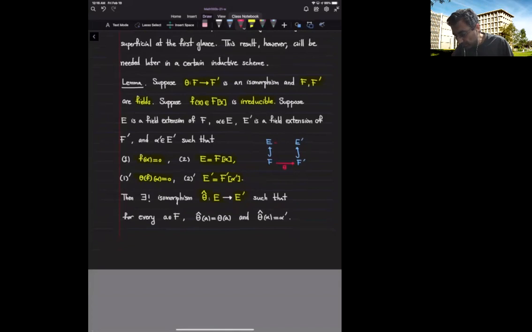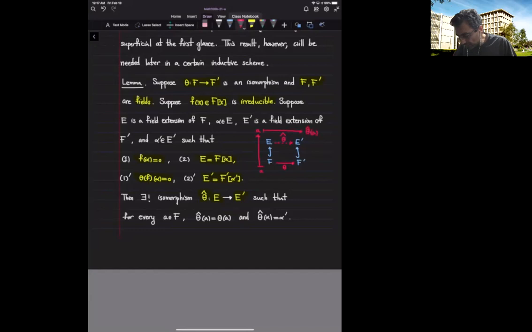So I'm looking for this theta hat that's supposed to be an extension of theta, which means whenever I give you an element a over here, if I view it as an element of E, because it's just inclusion, I can apply theta hat in order to get an element inside E prime.